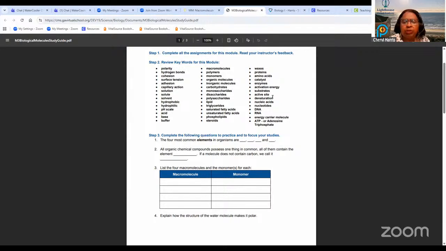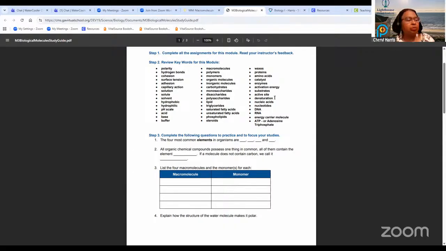Denaturing is what we said happens to the protein when your protein gets too hot. Everything functions at an optimal temperature. I'm just looking at the vocabulary list, trying to find words that stick out that we didn't spend much time talking about. I'm looking at the word denaturization in that last column.